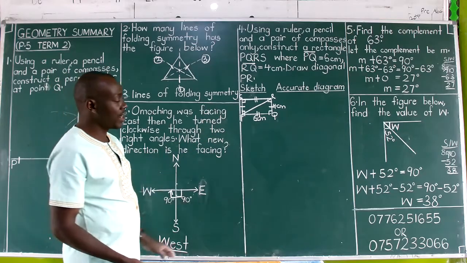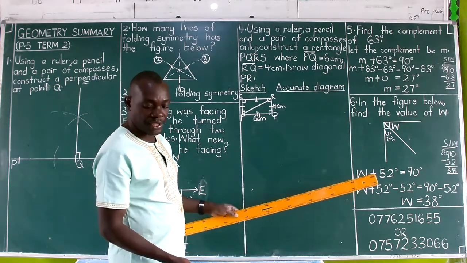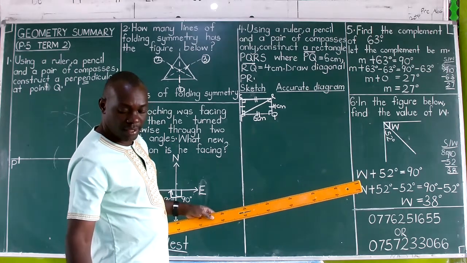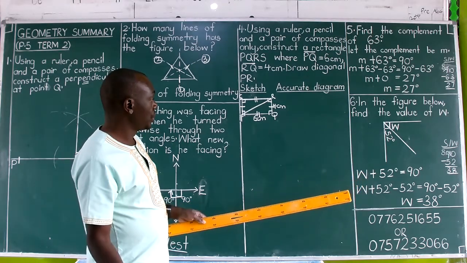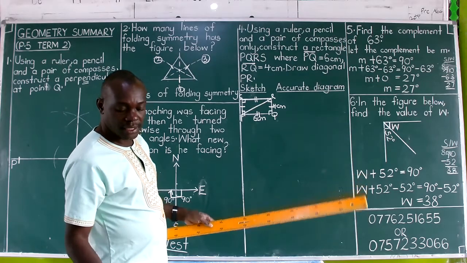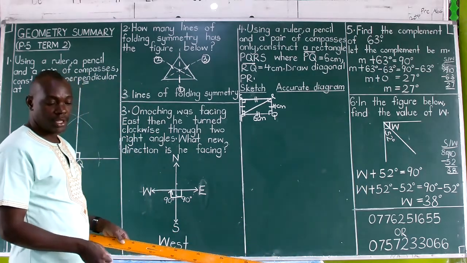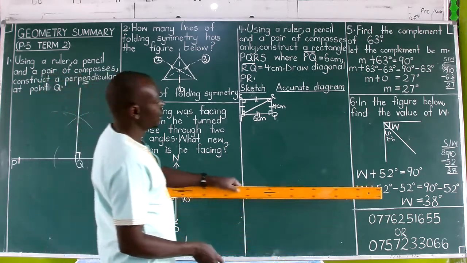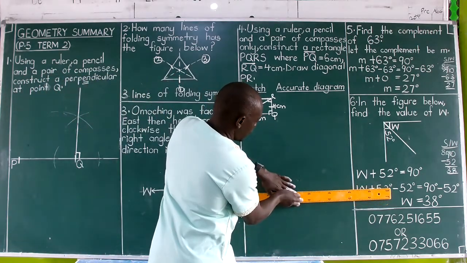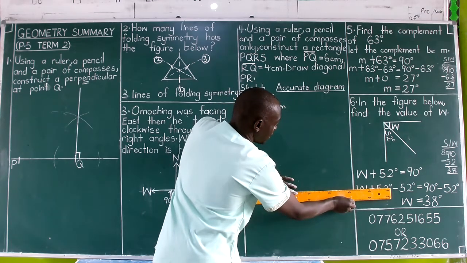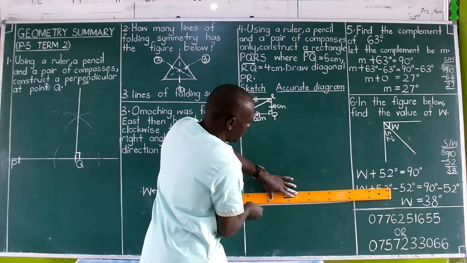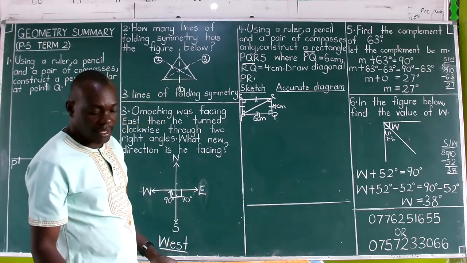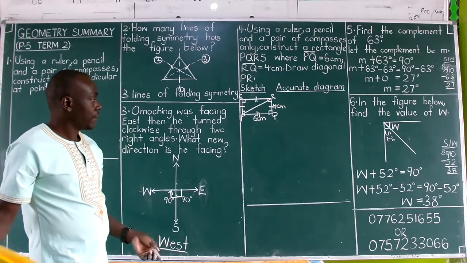Now we go to the accurate diagram. Indeed, it must be accurate. We then move to the accurate diagram and answer accordingly. So we draw our straight line, which is yet to be measured. Then look at the sketch.